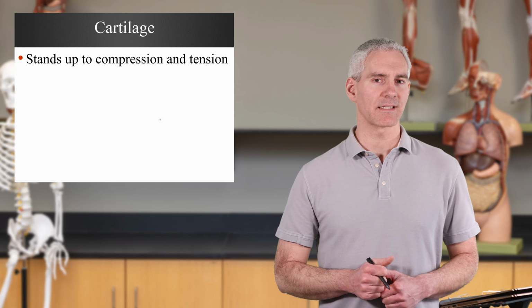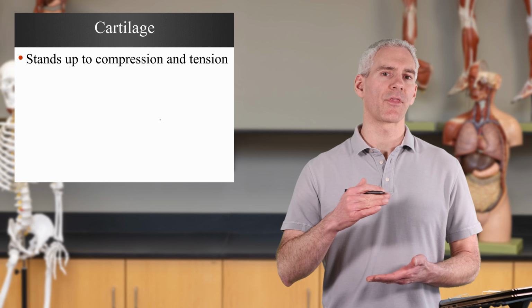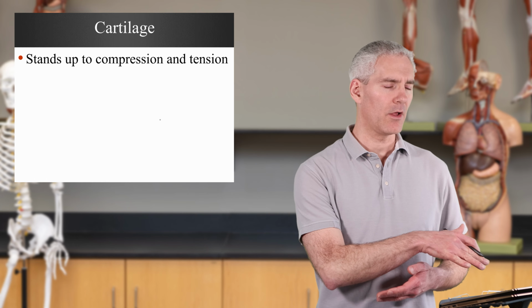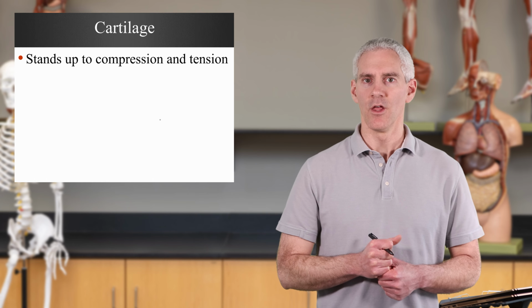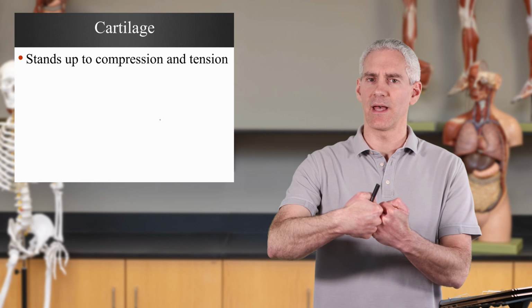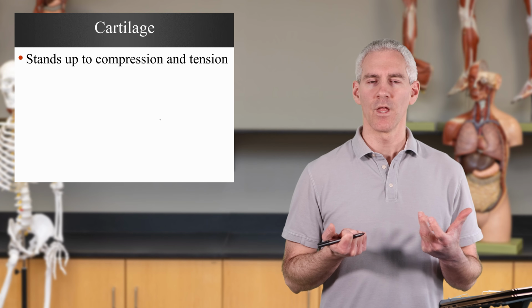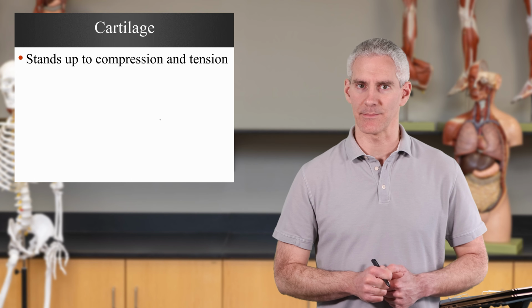So let's move on to the next category, cartilage. In cartilage, there's going to be a total of 3 different cartilages we're looking at. But in all these, the key thing is they stand up to compression. They stand up to tension. You can have cartilage in your joints as they smash together. You can have cartilage in your nose, in your ear. So a lot of different compression and movement, but also maintaining shape.